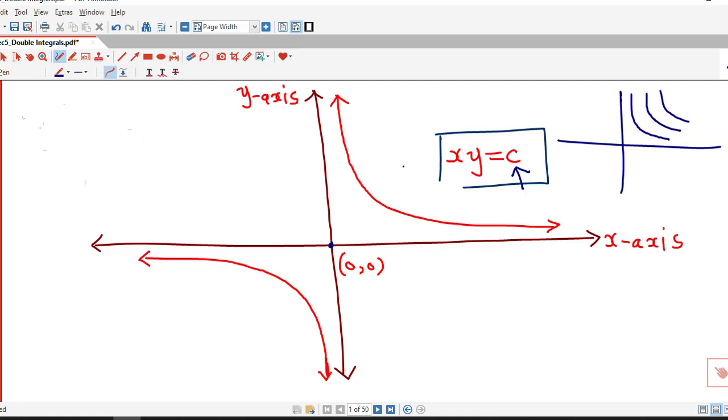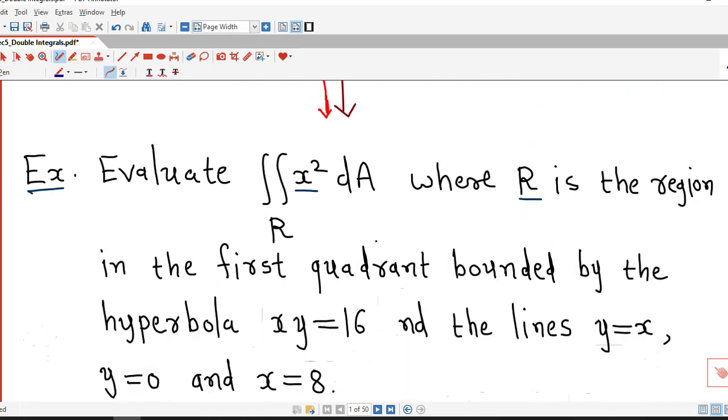But if we have the equation x into y equal to c, it will represent a rectangular hyperbola, and depending on the given value of the positive constant, we will be able to decide the location of these branches in the xy plane. So with this in mind, we consider this example.